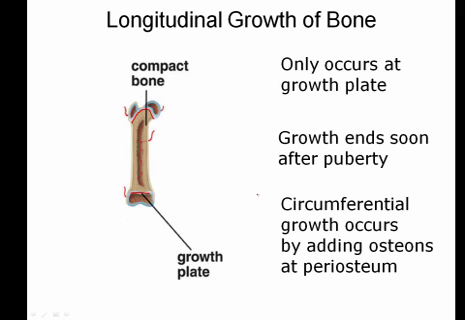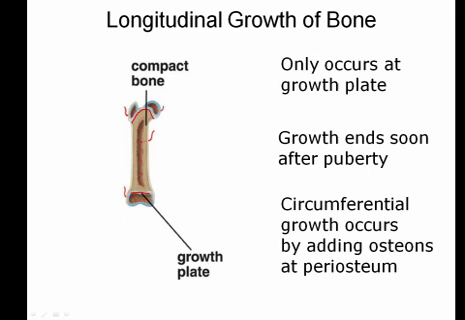Very soon after puberty, due to the influence of sex hormones, the growth plate will close. This is because the function of the osteoblast increases, and the cartilage is converted into bone more rapidly than we can add additional cartilage. So essentially the epiphysis and the diaphysis will grow together, and at that point longitudinal growth stops.